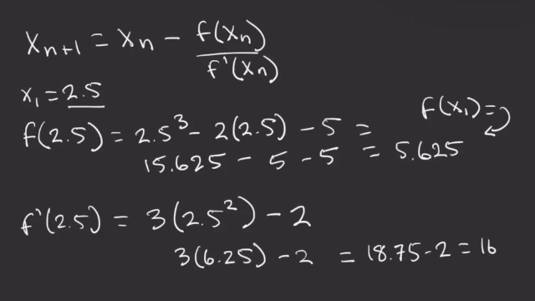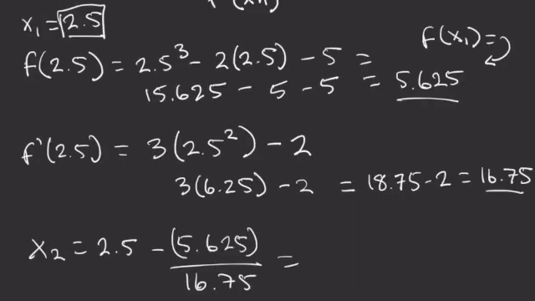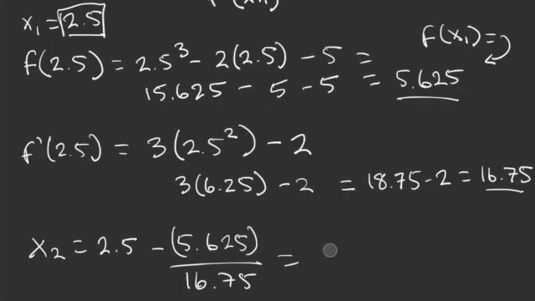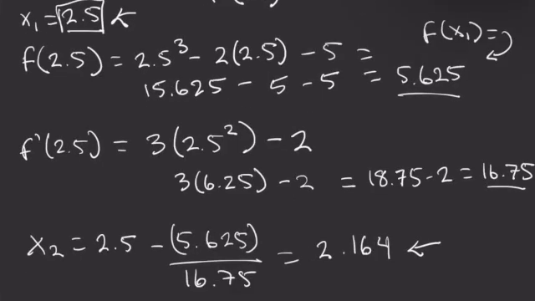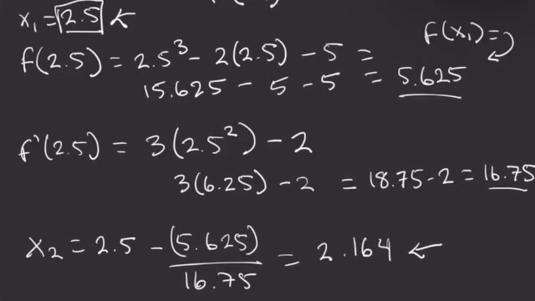And we get 16.75. So now we have everything we need for our second x value, so we'll do 2.5 minus 5.625 over 16.75. And we get 2.164.